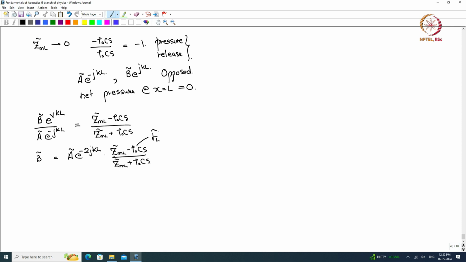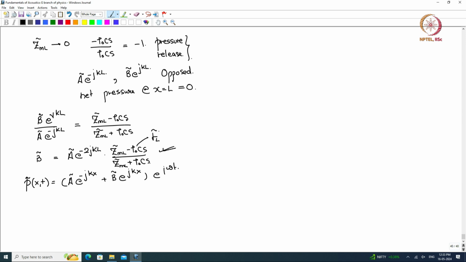Okay. It's nothing new if you remember the expression P x comma t is A tilde e to the power of minus j k x plus B tilde e to the power of j k x, times e to the power j omega t.